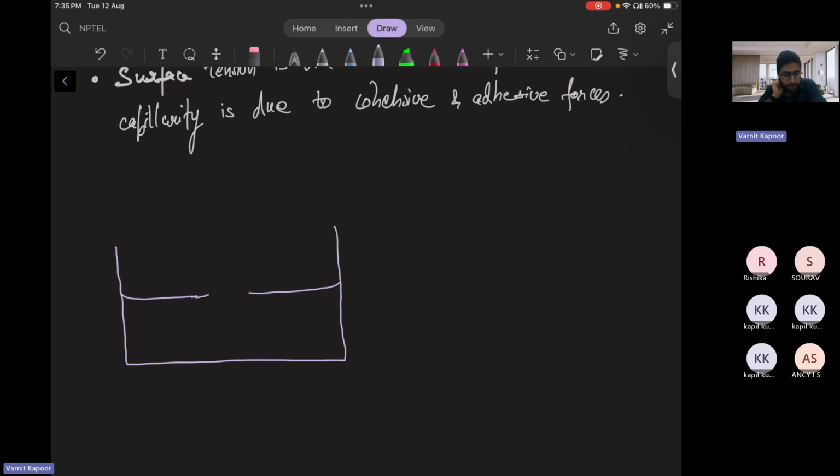You will understand why I've made it like this. There is some rise because the meniscus is not perfectly straight. There is always some uncertainty in the meniscus. And if you insert a tube inside this liquid, I should have made this a bit higher.